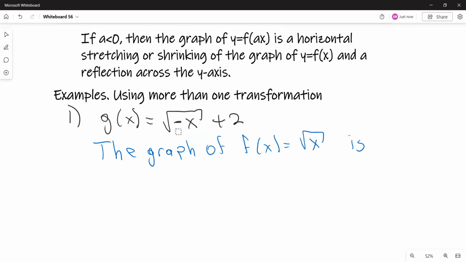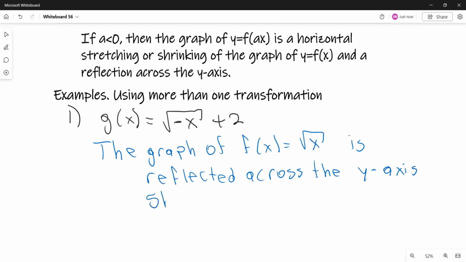So that's going to be a reflection across the y-axis. And it is going to be shifted 2 units upward.